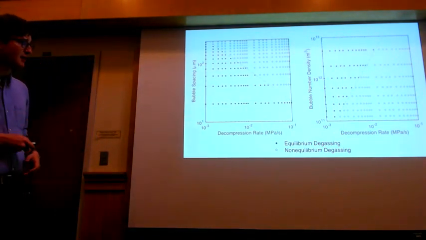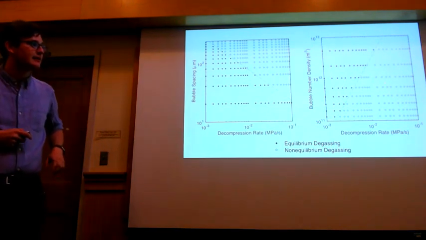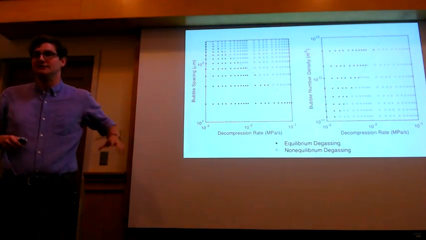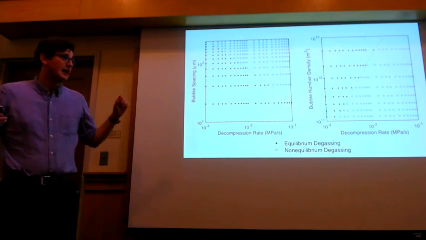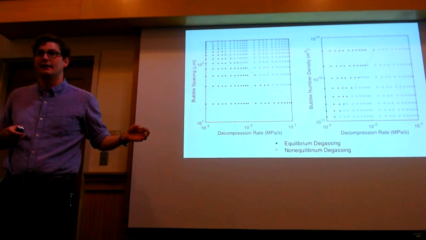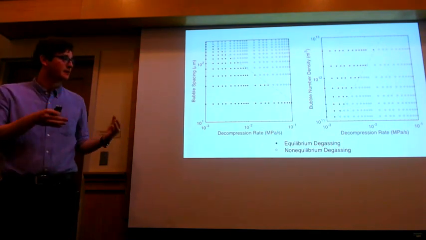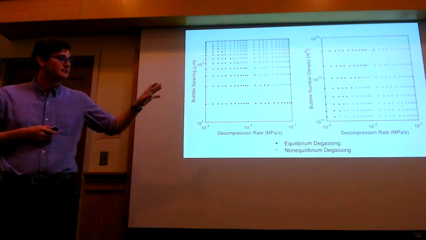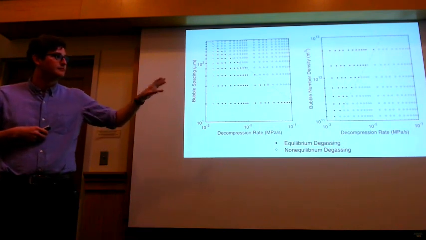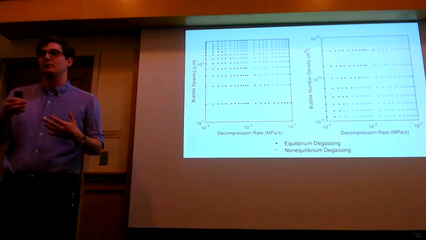Now this plot on the right shows bubble number density and decompression rate. And our line in between the two fields has a slope of about 3/2. And that fits perfectly with the predicted slope by a paper by Gonnermann and Manga in 2005, where they tried to look at bubble number density and decompression rate's effect on bubble equilibration.